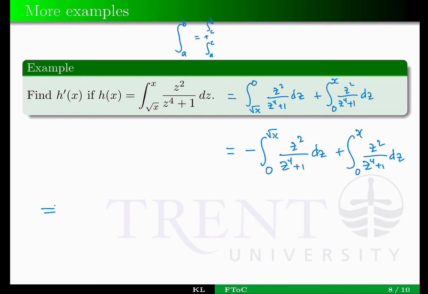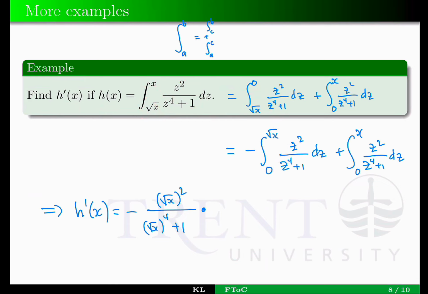Now we are ready to find h prime of x using the fundamental theorem of calculus 1. We have negative. Then for this one, we replace this z here with square root of x. So for emphasis, I'll just write it as square root of x squared over square root of x to the 4 plus 1.